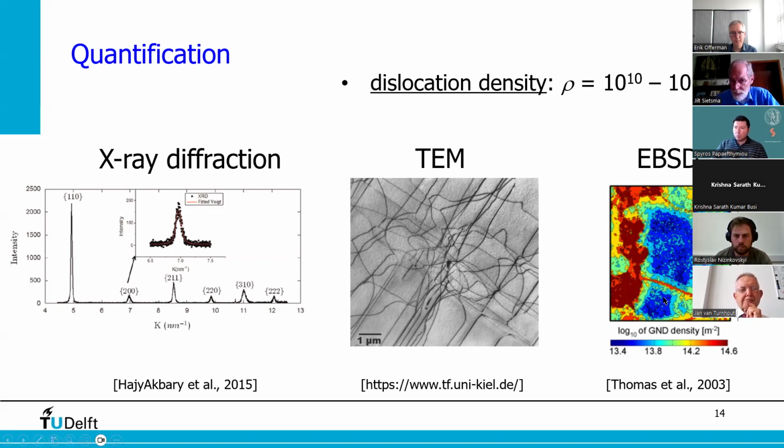And in EBSD you can measure the local crystallographic orientation, and gradients in that orientation can be linked to what's called geometrically necessary dislocations. So not all dislocations. And also there you look very locally, of course, in a 2D representation. So these are ways to quantify the dislocation density, but there's a lot more to it than just these numbers, I think.